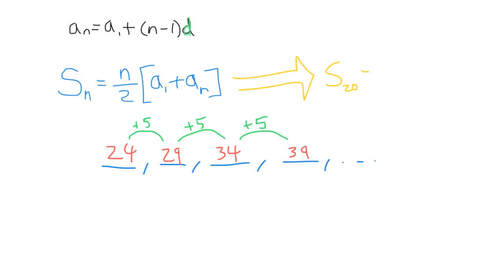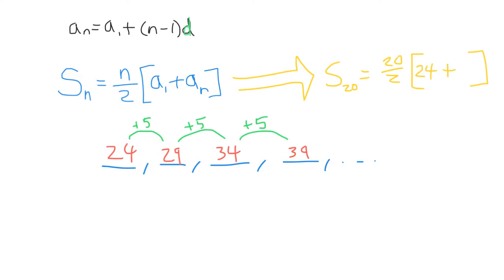We know that n right here is also going to be 20, so we write 20 over 2. By the way, we also know the first term, a sub 1, which goes right here. It's 24. That's the first term, so we're just going to put that there.